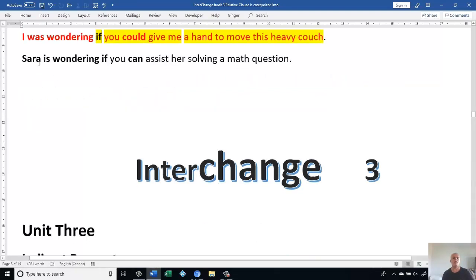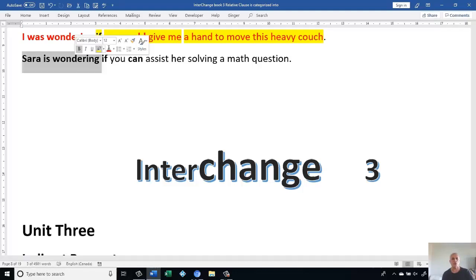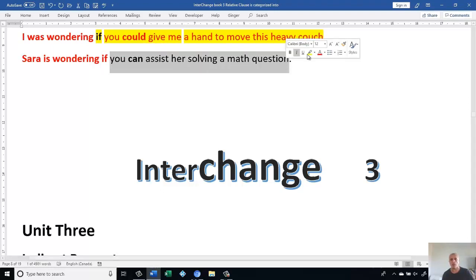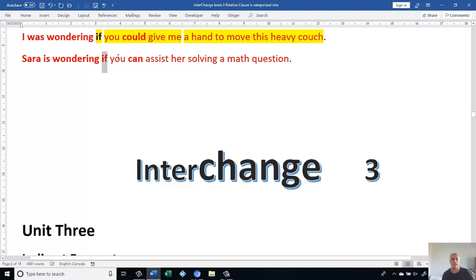Okay, then we have the other one. Sarah is wondering, subject, then auxiliary verb, then wondering as the gerund. Then here I have if, then we say you can assist her solving a math question. Those are the two clauses. We're connecting two clauses to each other by if.